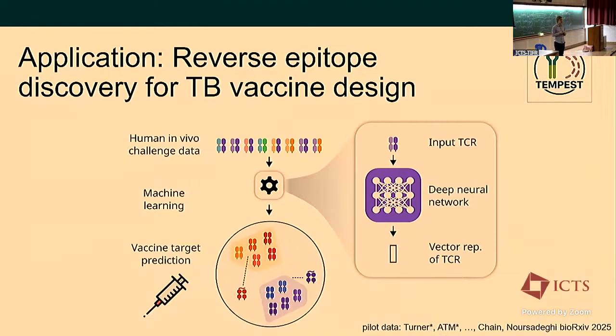So the idea is, what if we could reverse this? What if we could study what a natural immune response looks like, to see what kinds of things from a bug get targeted most prominently in a natural immune response? And then can we use natural cohorts to look at the presence or absence of these particular types of T cells that target particular parts of particular epitopes from the pathogen to tell us which are more or less protective, and then take those forward for testing.